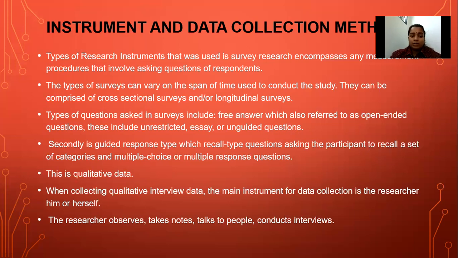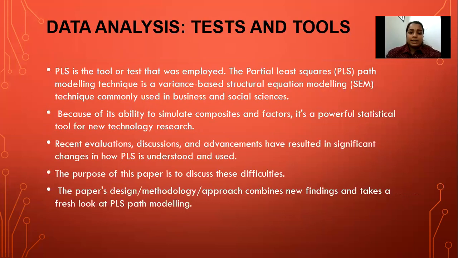This is qualitative data. When collecting qualitative interview data, the main instrument for data collection is the researcher him or herself. The researcher observes, takes notes, talks to people, and conducts interviews for the qualitative data. For the data analysis tests and tools, PLS is the tool that was employed.